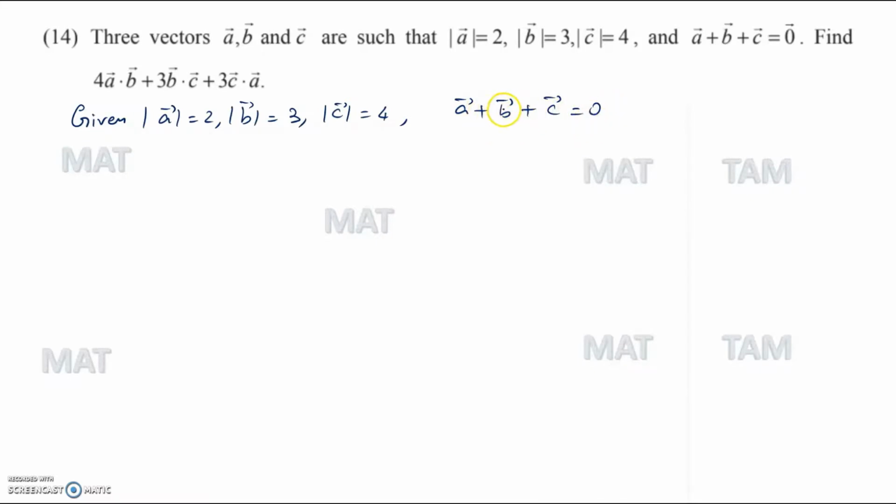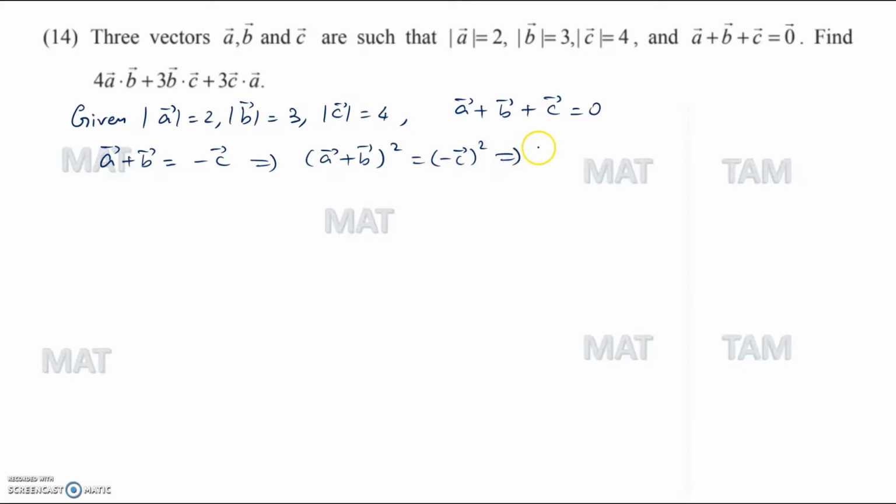So rewriting this, we can say vector A plus vector B is equal to minus C vector. Further, squaring both the sides, we can say vector A plus vector B, the square is equal to minus C vector square.